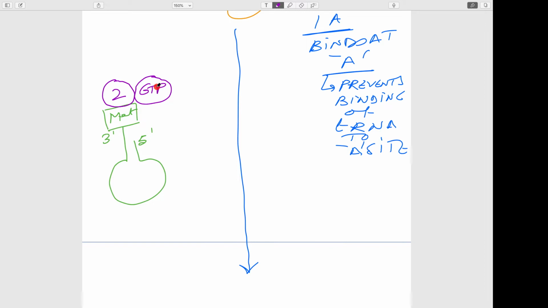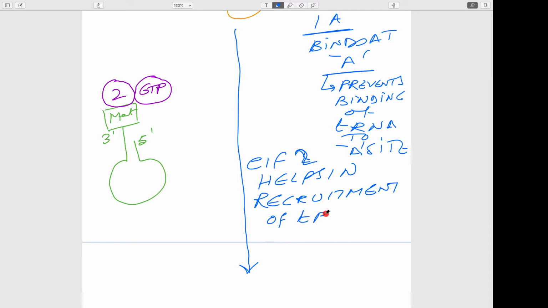This factor 2, EIF2, helps in the recruitment of transfer RNA.